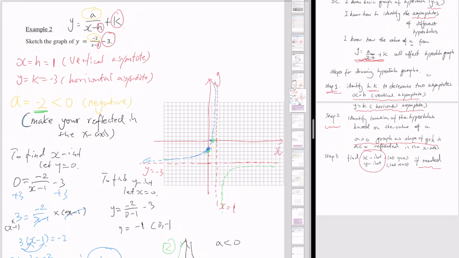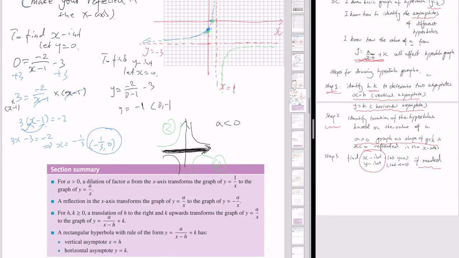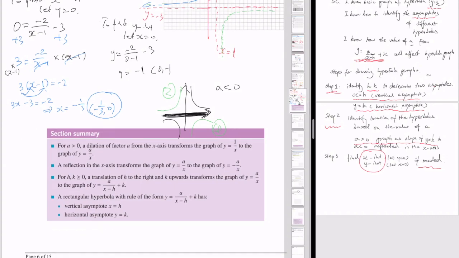Okay, so as a summary, just keep in mind this is the form, and to draw a hyperbola, your step 1 is always to identify h and k.